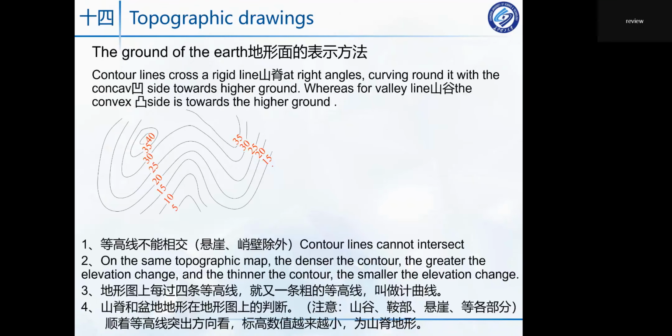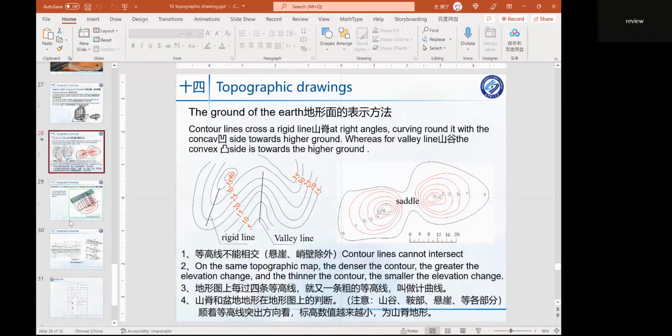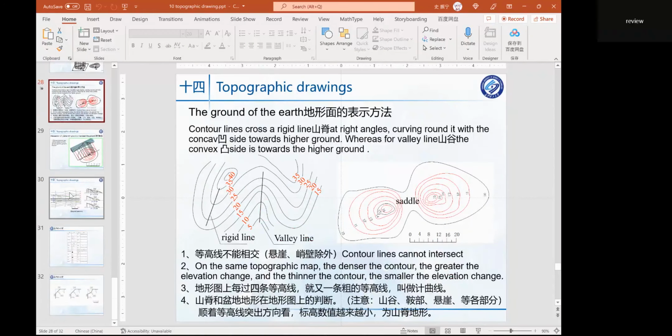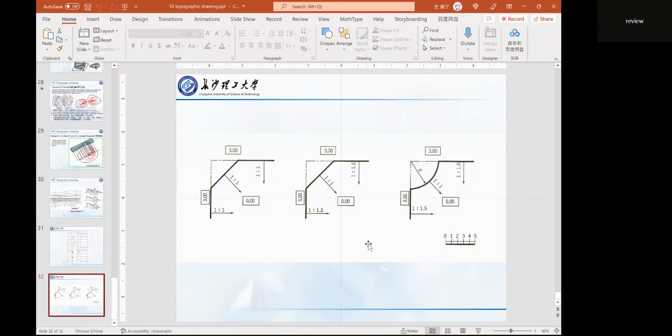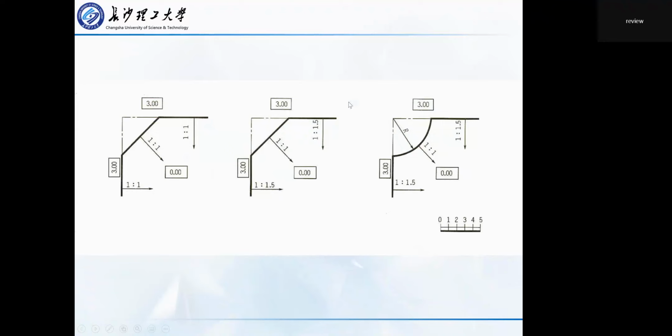Okay, as for topographic drawing, I think it's okay. So please draw this one. I'll do a review about this one.